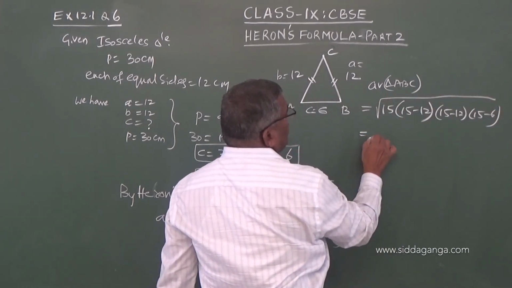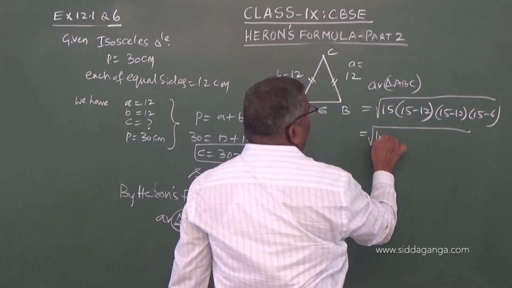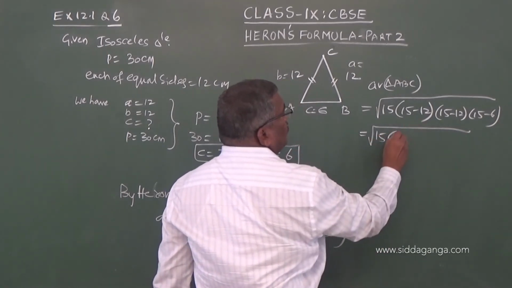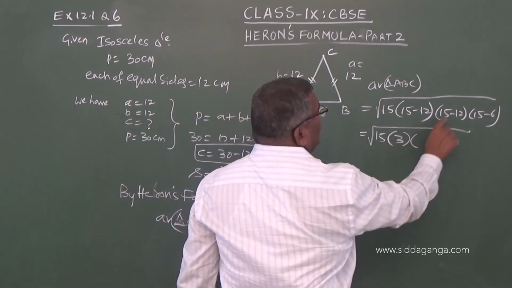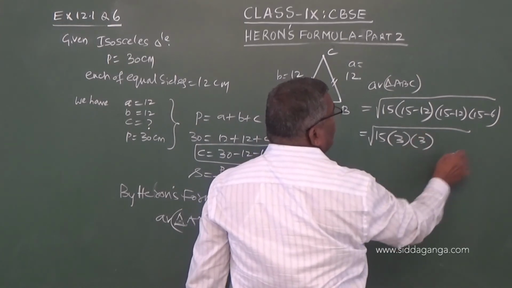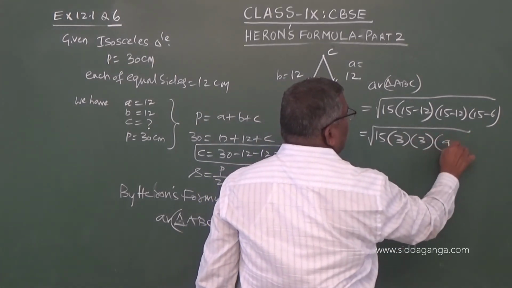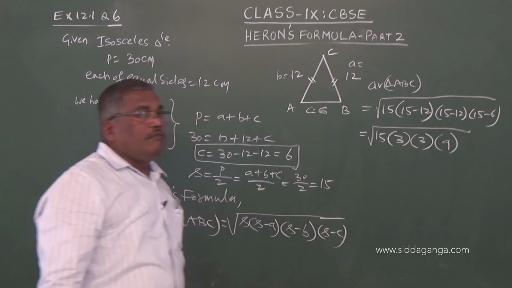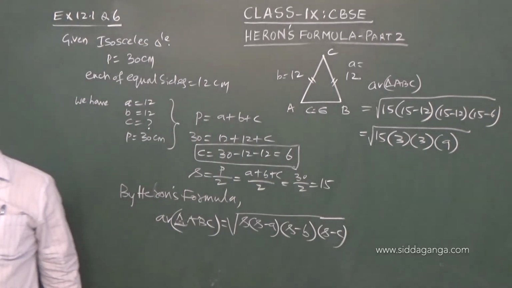So this equals root of 15 into 15 minus 12 is 3, 15 minus 12 is again 3, 15 minus 6 is 9.